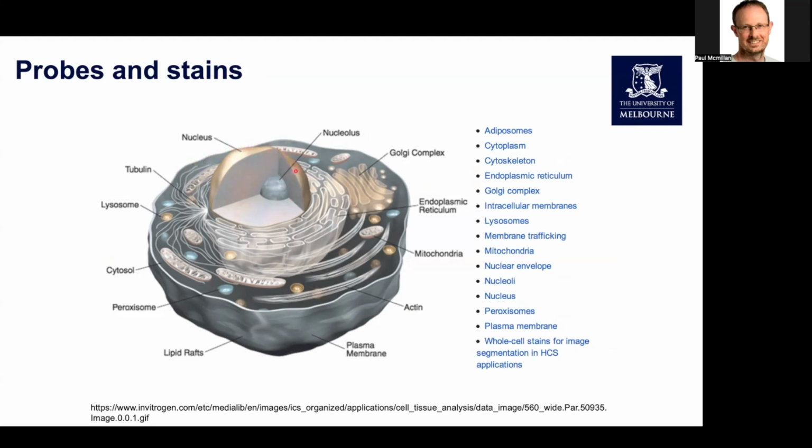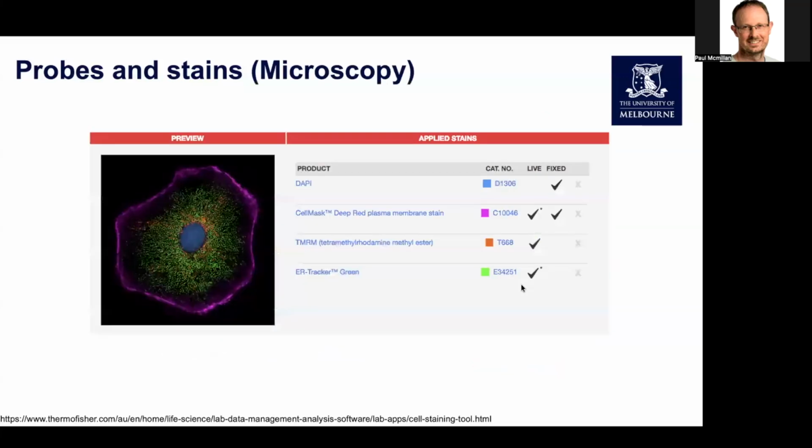One example of that would be DAPI, for example, that most people know binds to nucleotides, so you can see them preferentially in the nucleus. We have cell permeable stains which will go into mitochondria based on the charge differential within the mitochondria. So lots of different compartments have these dyes available to you if you want to stain specific compartments.